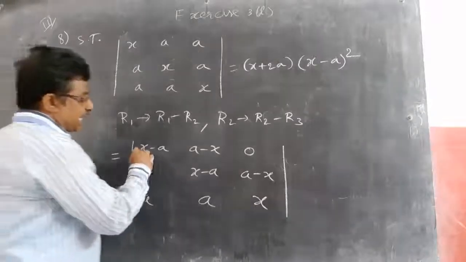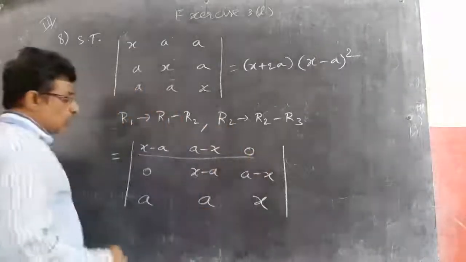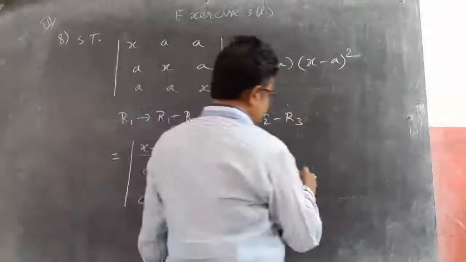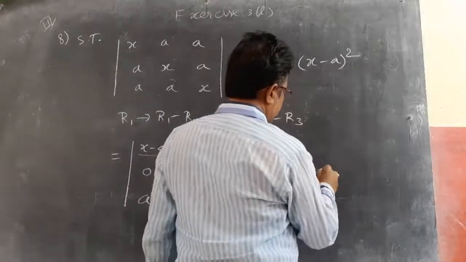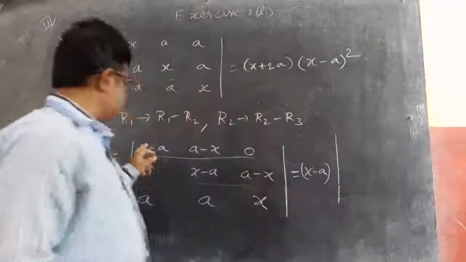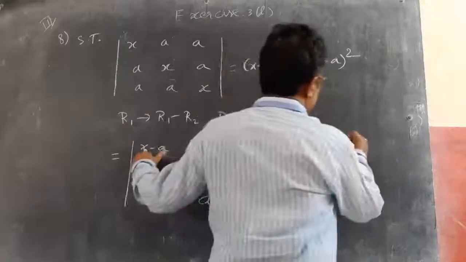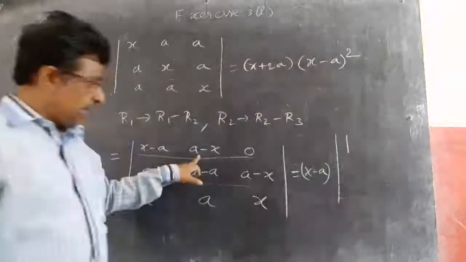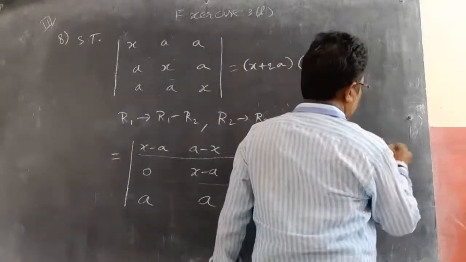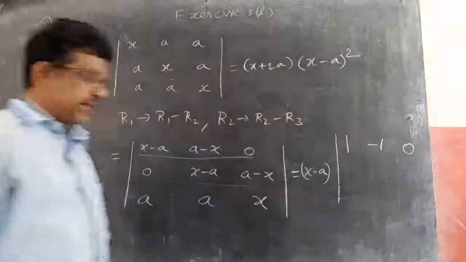Now I need x minus a whole square, means I can take x minus a common from the first row and x minus a common from the second row also. If I take x minus a common from the first row, what is left out here? Left out is only 1. Here a minus x, I took x minus a common, becomes minus 1. Here 0 as it is.